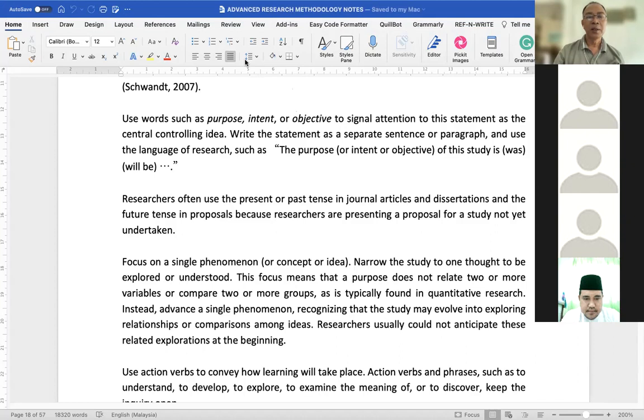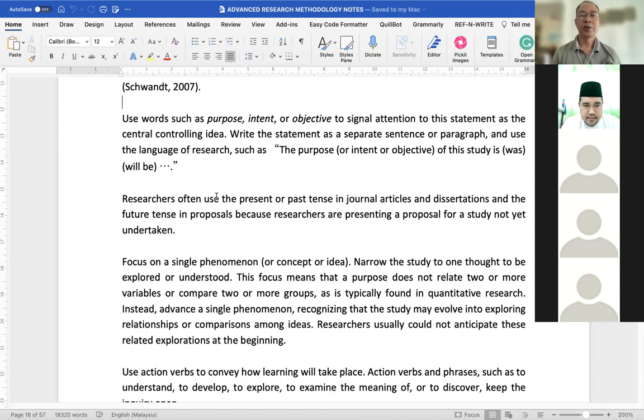Where were we? So in qualitative research, researchers often use the present or past tense in journal articles and dissertations. Present tense or past tense. But in proposals, the researchers use the future tense. For example, the purpose of the study will be, future tense, right?